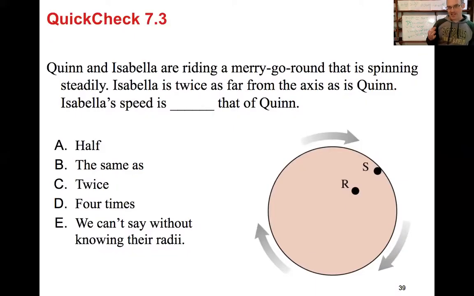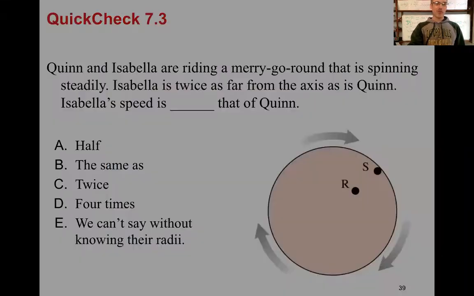Or speed. So Quinn and Isabel, that's weird, the names change, huh? On a merry-go-round that's spinning steadily, Isabel is twice as far from the axis as Quinn, so Isabel's speed is half, the same, twice, 4 times, or you gotta love option E, you can't say without knowing the radii, right?